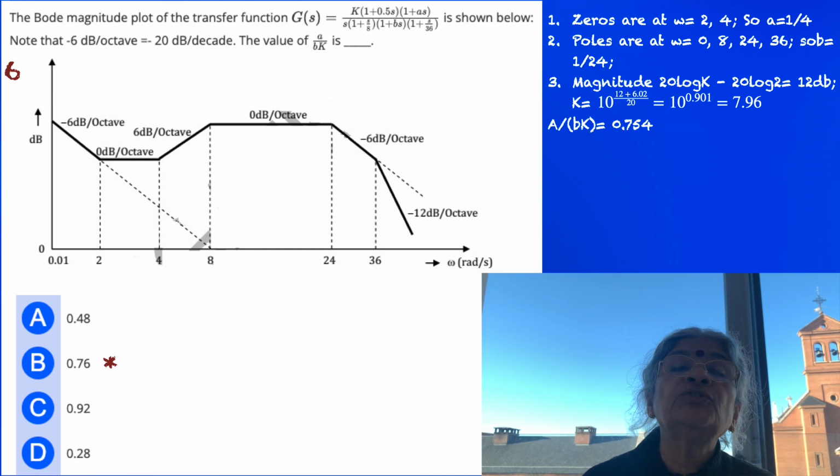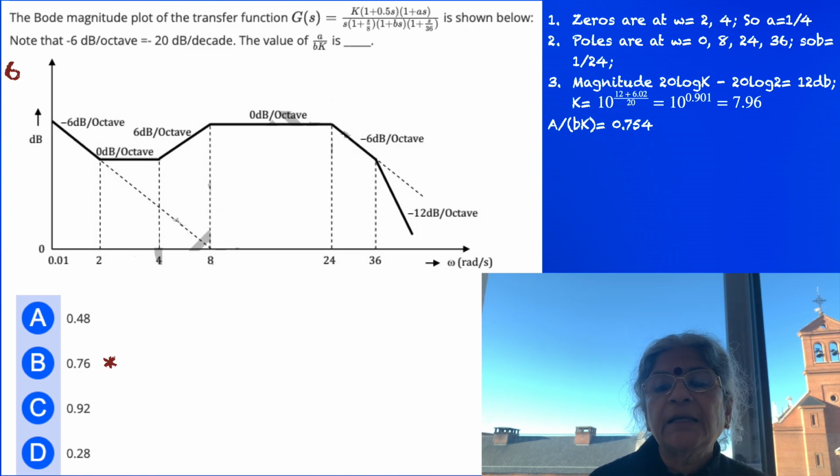We are supposed to take the log magnitude curve or the gain only in the initial portion. That's why we have arrived at omega equal to 2 with the gain equal to 12 dB, as being influenced by the initial slope, which is of minus 6 dB per decade or 20 dB per decade.